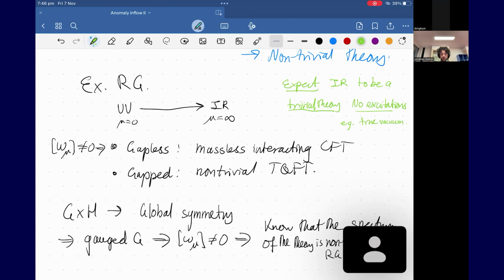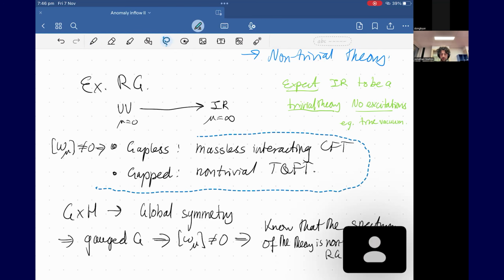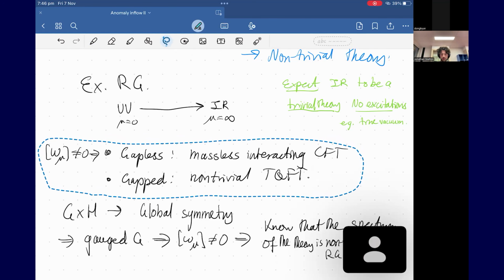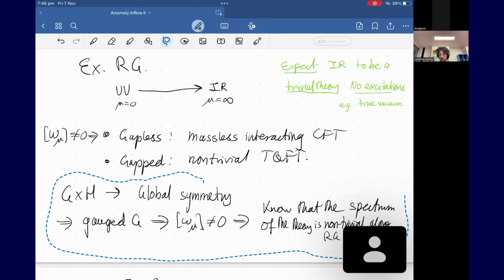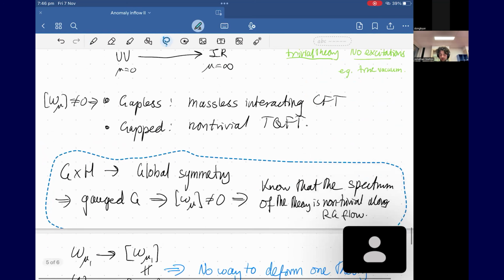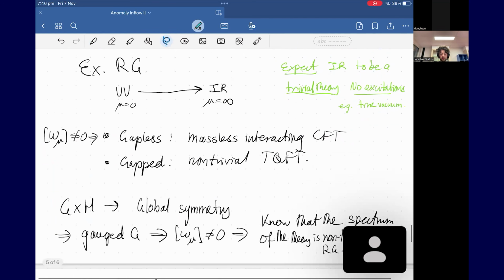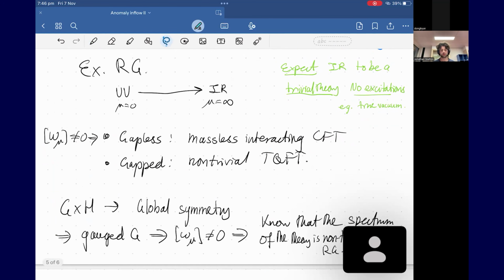If we have fermions, we can have Fermi surfaces. And you can have quantum criticality effects where you tune parameters to very specific values and get a gapless IR. So in general, these things are quite rare, so it's very nice to have a tool that can tell you that you have a non-trivial IR.